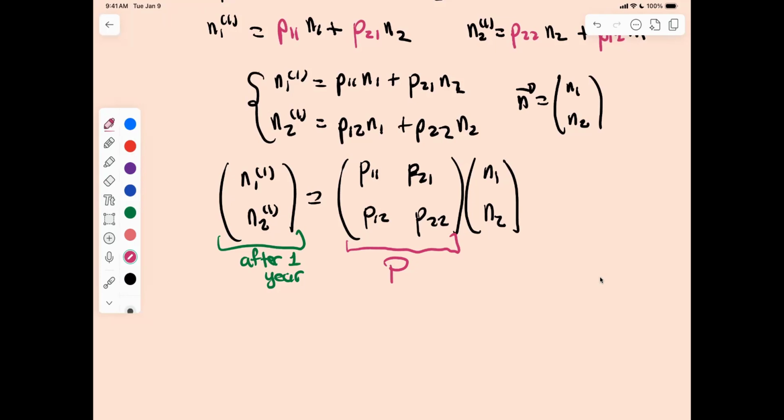If you choose someone at random, there are certain probabilities that tell you the likelihood that you got one with a cell phone or without a cell phone. All you need to know is what their decisions will be by the end of the next year. So by the end of the year, that's reflected by this transition matrix, by these coefficients.